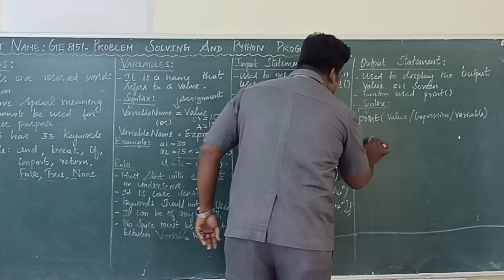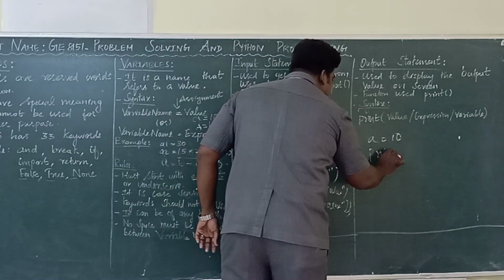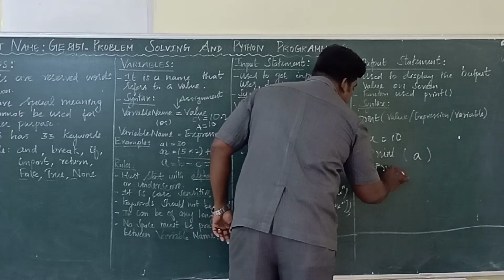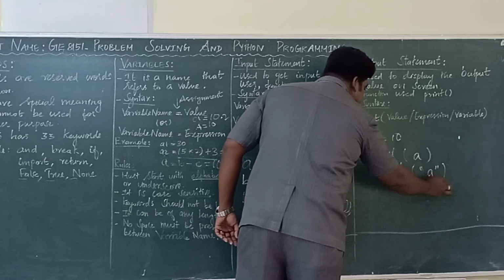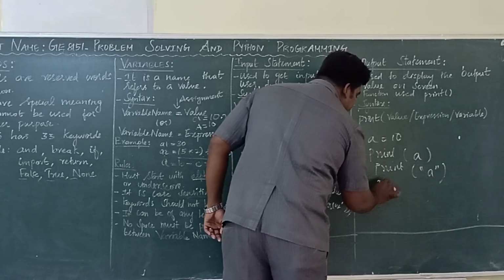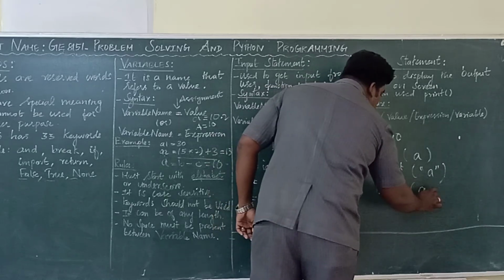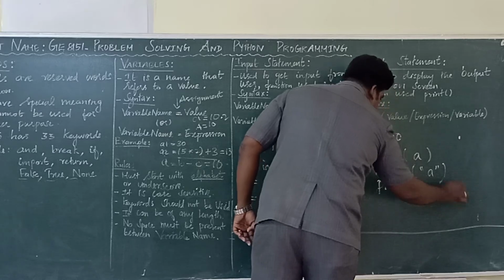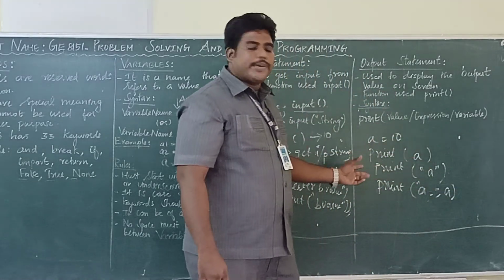For example, A equal to 10. Print A. Then print "A" in double quotes. And the third, print "A equal to", comma, A. Anyone have an idea what output you will get?